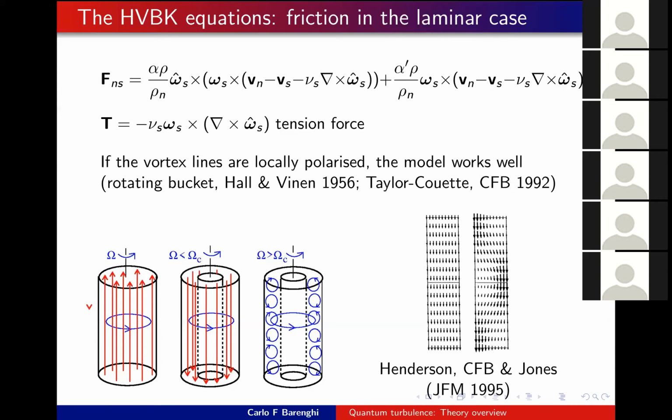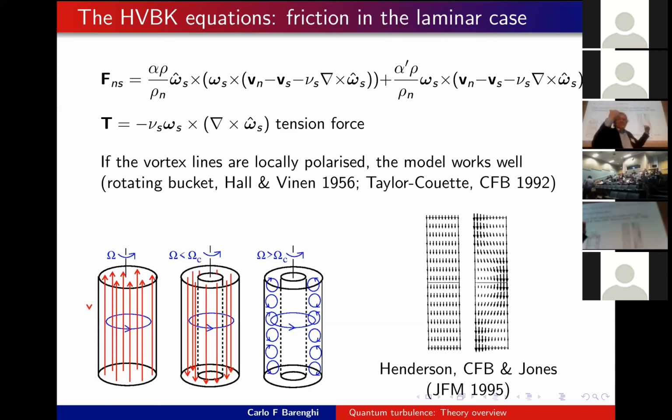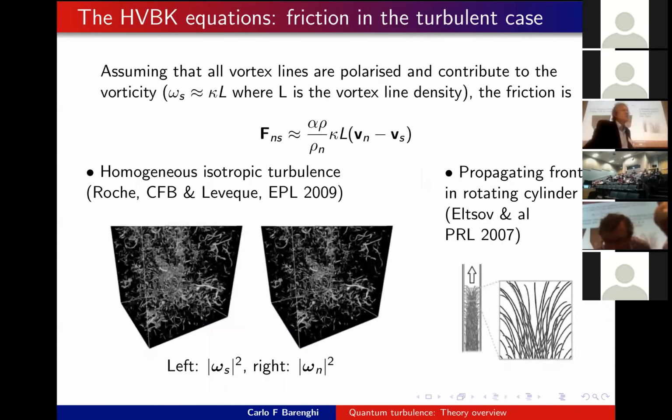And torque was correct. But at some point, the Taylor vortices destabilize. They develop wavy modes, they're called. So they're not axisymmetric any longer. They start wobbling and become time dependent. That may still work. It has not been tested. But if they become turbulent, then we face the problem that this friction must be replaced by that.